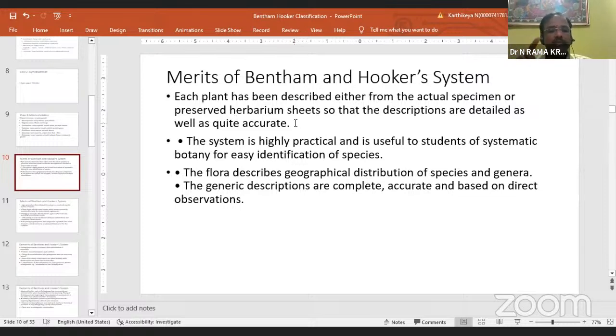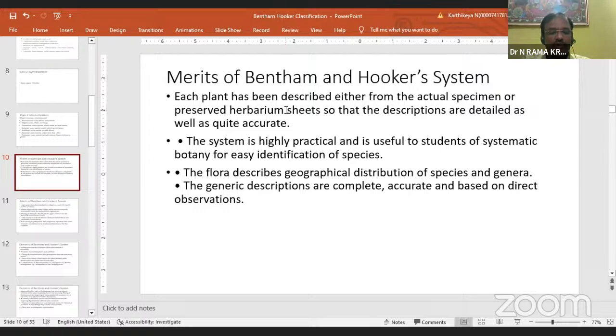It means these classifications all over the world, in all the Commonwealth countries including our India, are followed. Except America and England, they are not followed in Bentham Hooker's class. Why they are not followed, later we will discuss. Here Candolle is also one of the scientists.